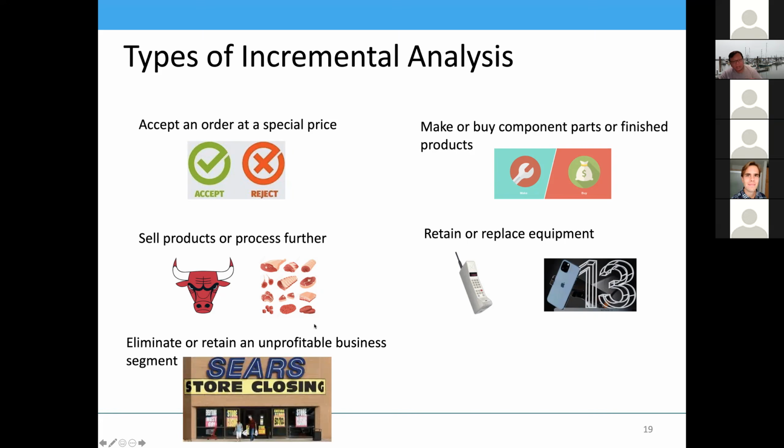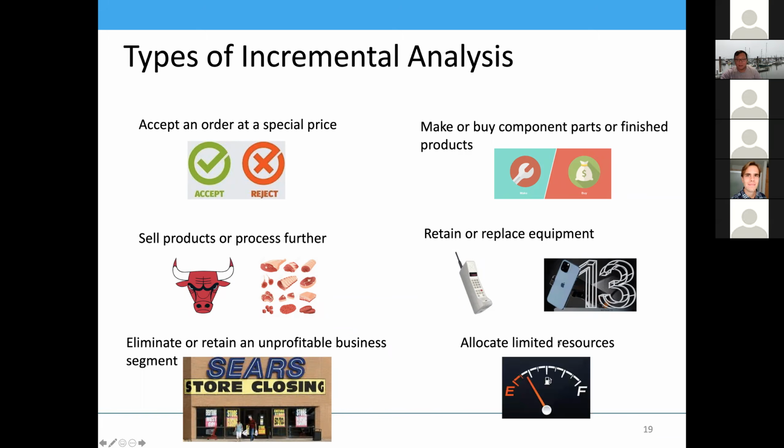Eliminate or retain unprofitable business segment, right? So in a business, if one segment isn't doing well, do you want to retain it or get rid of it? And the last one, allocate limited resources.